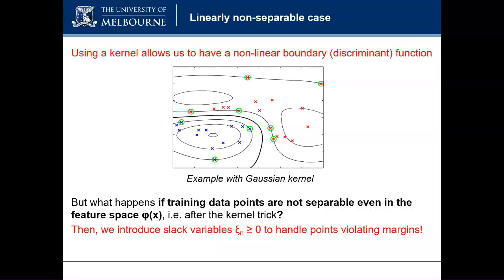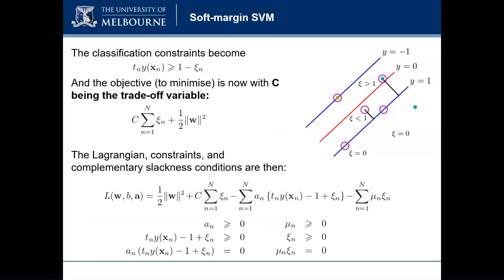What do we do? We do our best, and then we introduce these slack variables, psi n greater than or equal to 0, to handle the points that are violating the margins. It is shown in this nice picture here. I think it's really nice. So you see these points are on the margin. Blue lines are the margin. I show it in the linear case because it's easier to show. The red one is our separating hyperplane.